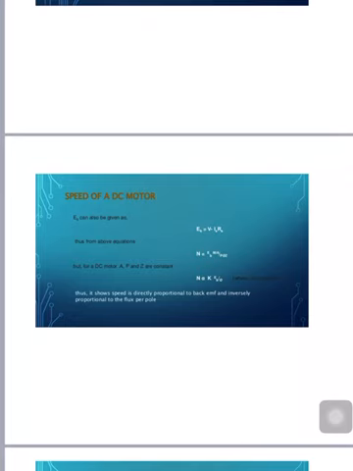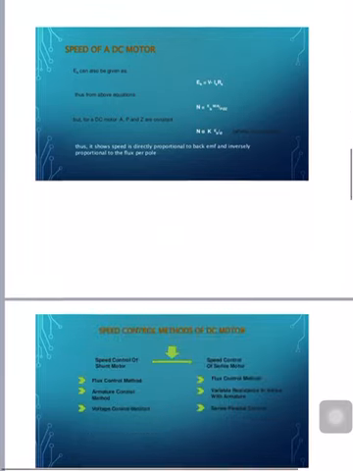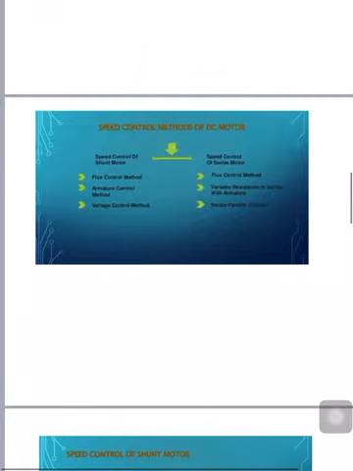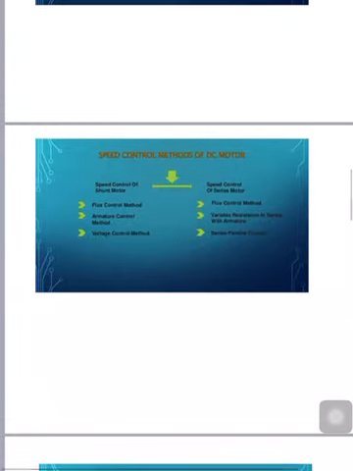This is the main expression, showing what variables the speed depends upon. So we have different speed control methods of DC motor. If you take a shunt motor, we have the flux control method, armature control method, and voltage control method, whereas in case of a series motor we have the flux control method, variable resistance in series with armature, and series parallel control methods.